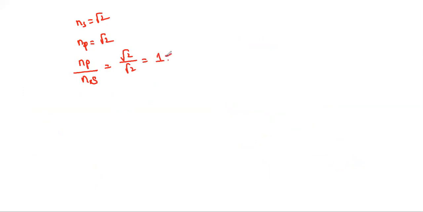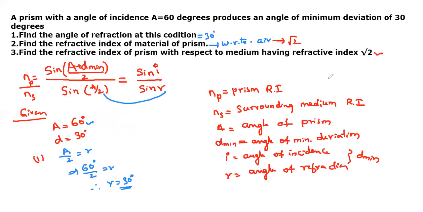What are the units of refractive index at this condition? It is actually not the refractive index, it is a relative refractive index, and it is also a dimensionless quantity, so no units. Clear? So what is the answer for our third question? 1.